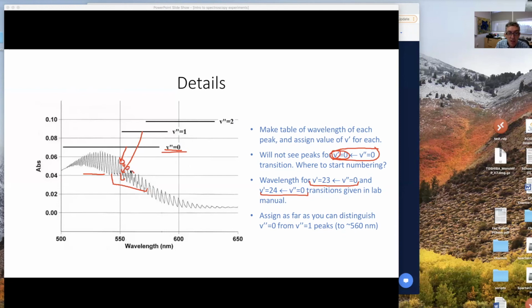Now notice right here, the double peaks, both are getting to be pretty equal. And over here, in fact, the first peak is pretty small and the second peak is pretty large. That's where it's going to get a little dangerous. You can maybe still use this one, but be aware it's now the smaller peak that corresponds to V double prime equals 0.